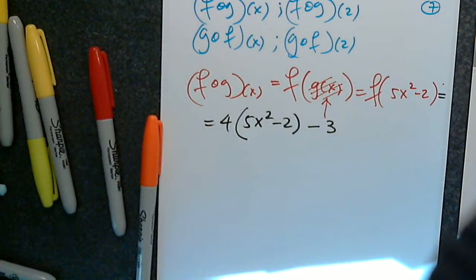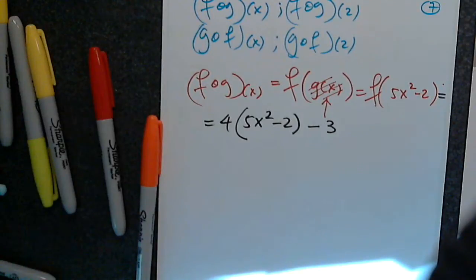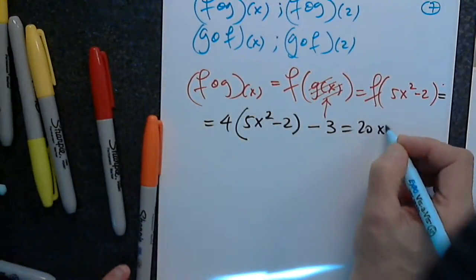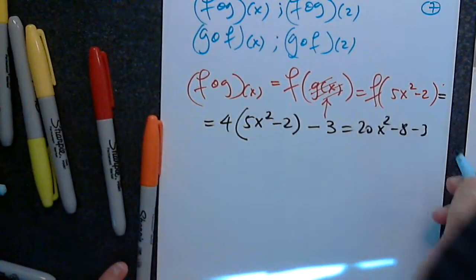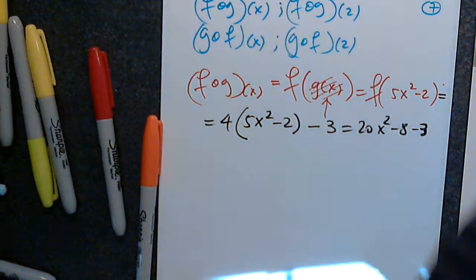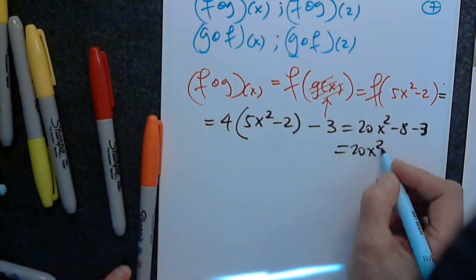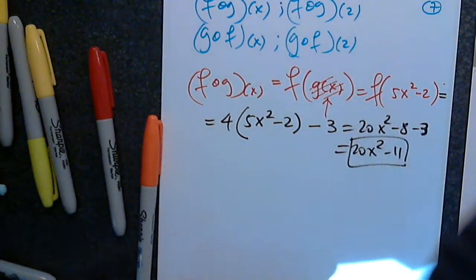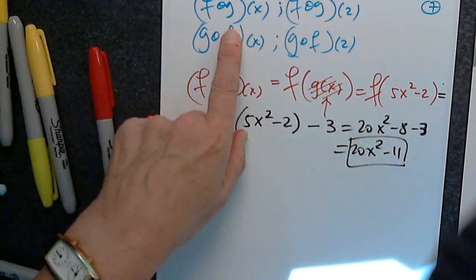That's exactly what it means. That's exactly what f is telling us to do: 4 times whatever, minus 3. I have to distribute. I get 20x squared minus 8 and minus 3. And the simplified form is 20x squared minus 11. I have f comp g.